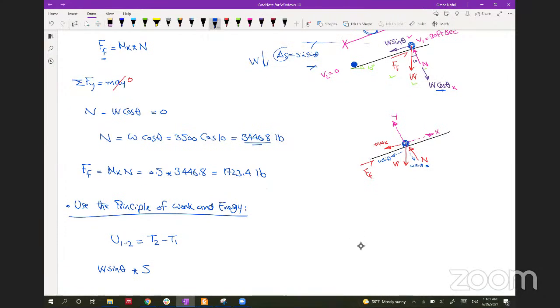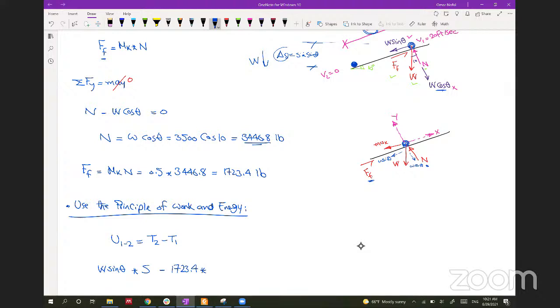The second component is the friction, and it's in the opposite direction of the motion. We know that the friction is equal to 1723.4, so it will be negative 1723.4.